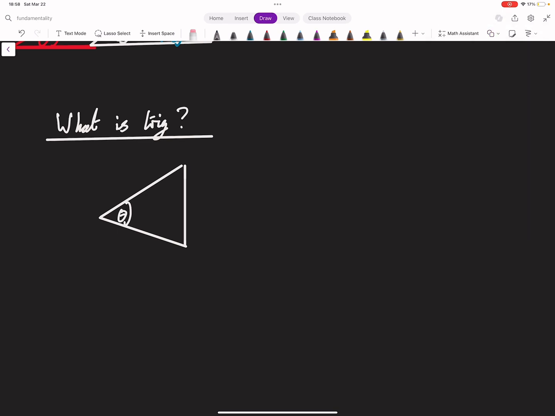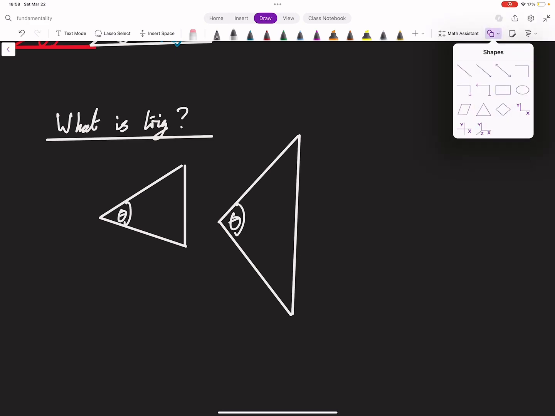So look at the angle opposite theta. If theta is a larger angle, then the side opposite it is going to be bigger.